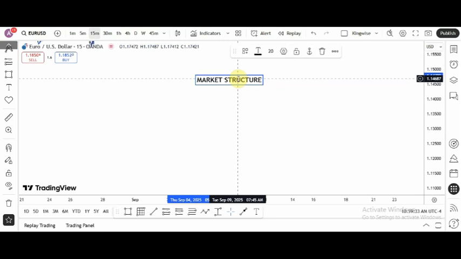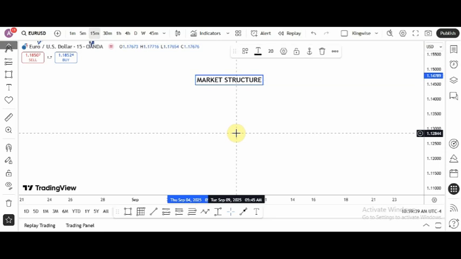It's because you've not really understood the concept of market structure. So by the grace of God, at the end of this teaching, you should be able to look at your chart and understand where the market is going, if the market is trending higher or lower, or if the market is actually in a consolidation phase.